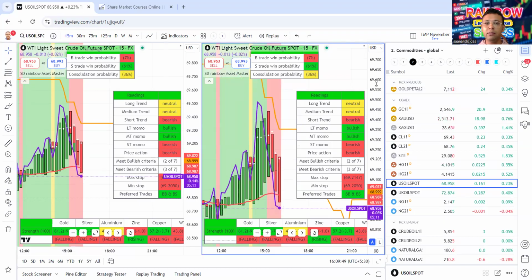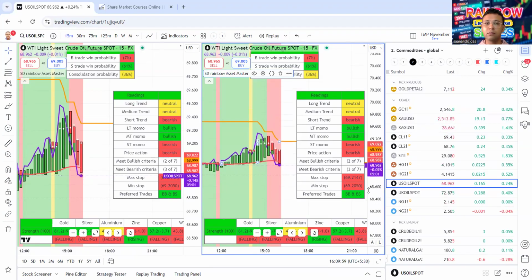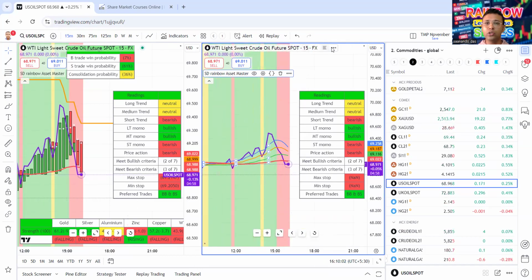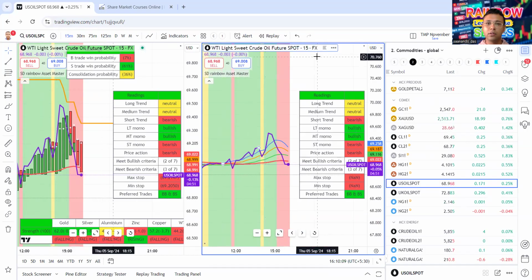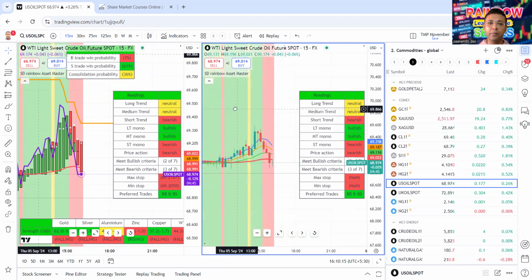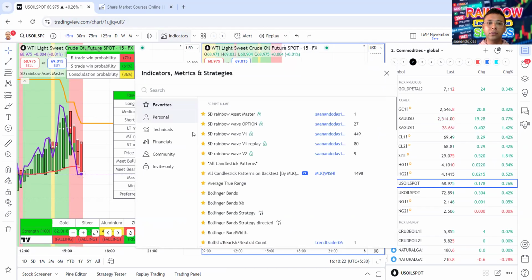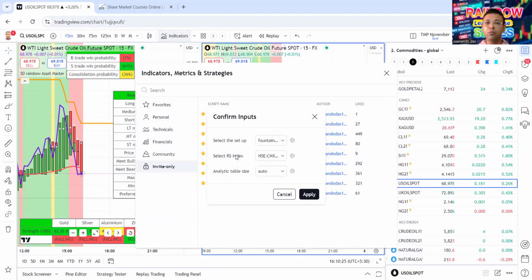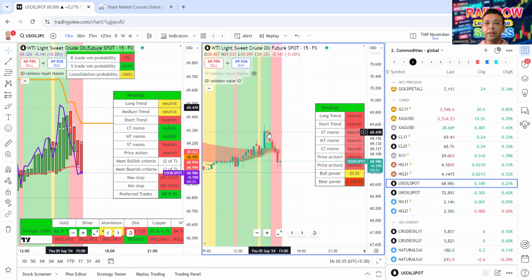The other side, asset master में जाके I'll select normal candlestick setup and I will switch on the original candles. तो यहाँ पे कैंडल और हाई कनाशी, whatever you feel. या तो हम लोग क्या करेंगे, we will go to indicators, invite only, HD Rainbow Wave V2, उसके अंदर we can apply cloud basic and we'll switch off the asset master, we'll hide it.